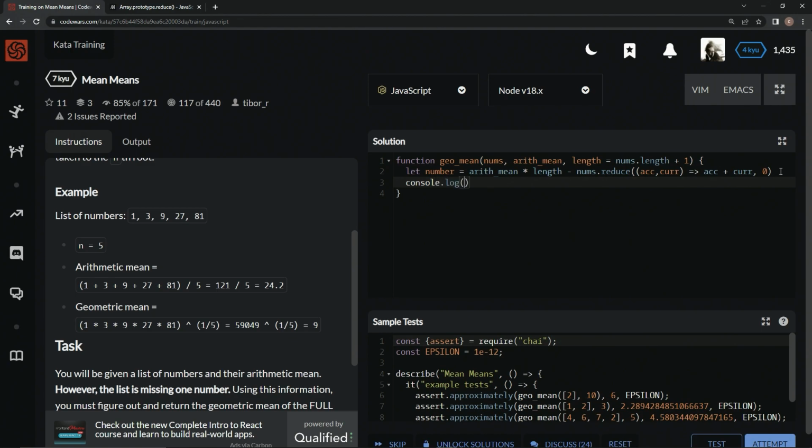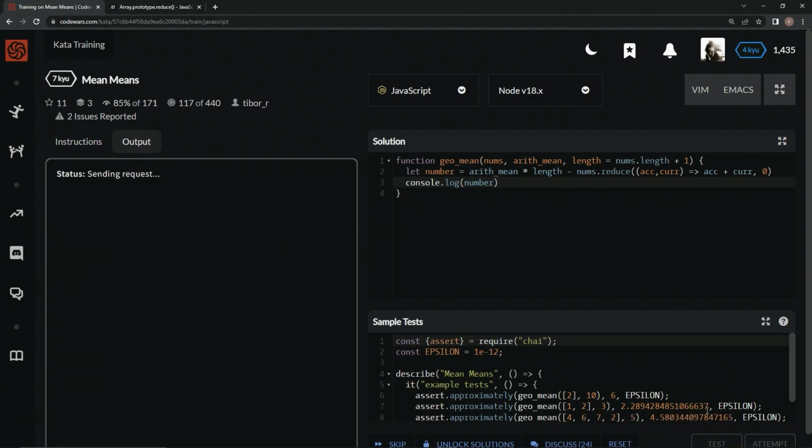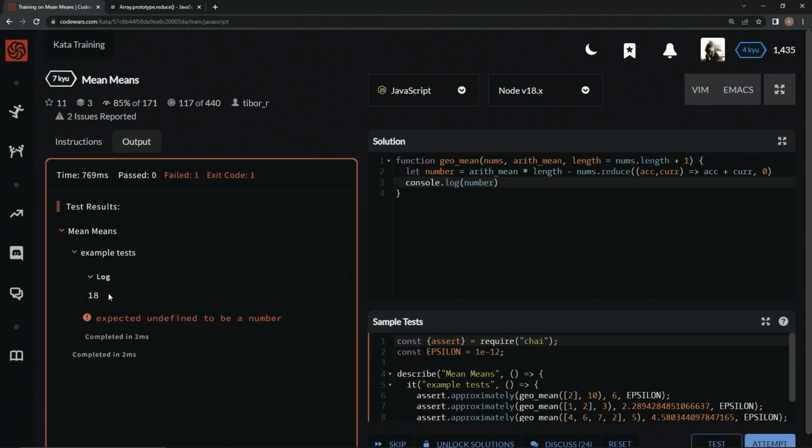All right. Test that out. So 18 is going to be the first missing number out of this one. I don't really understand this right now, but I guarantee you that's what it is.